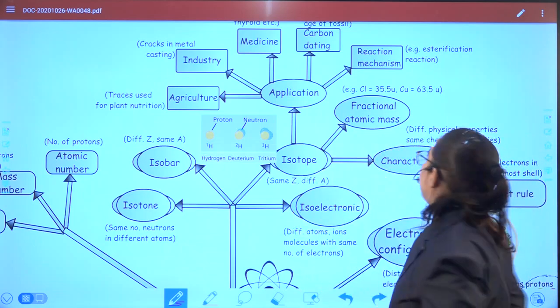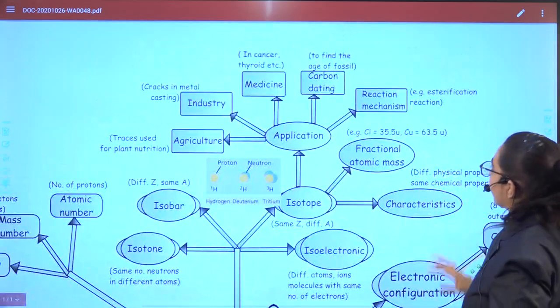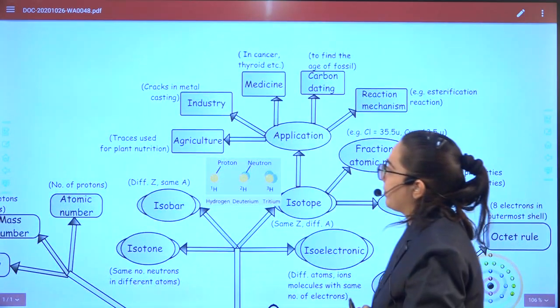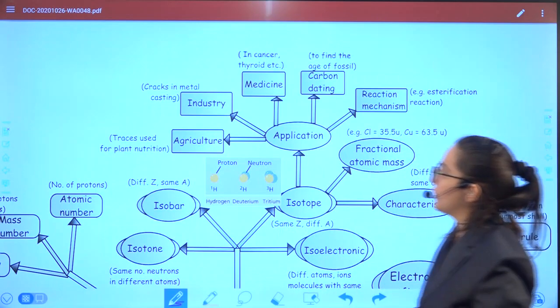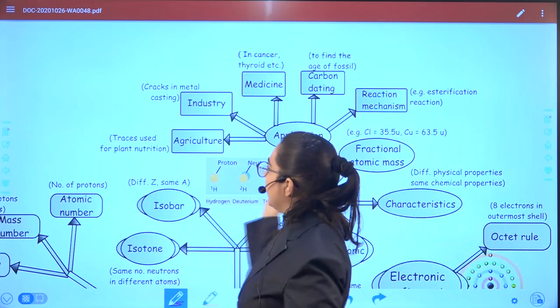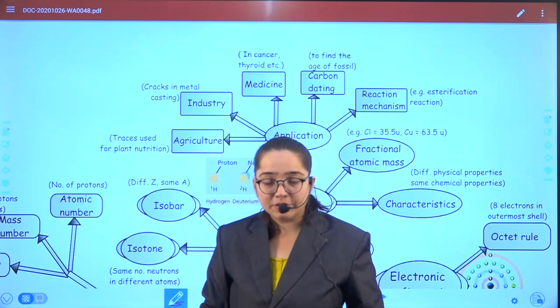If we come to its applications, they are over here. This is as per the NCERT textbook, which you have to remember. In agriculture, it is used to trace plant nutrition.